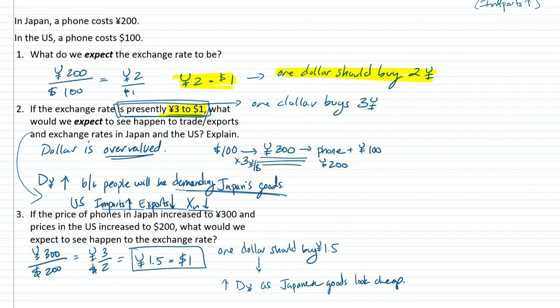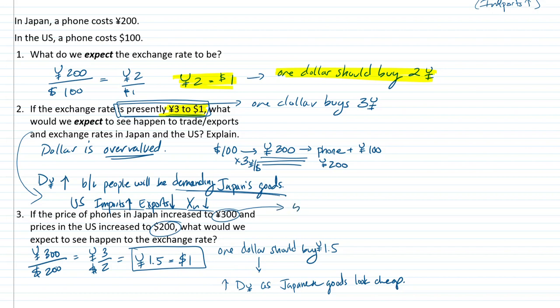And as those prices change, people respond to those price changes. 2 yen to $1 was a good exchange rate in the original market, but when prices change, people's behavior changes again. Prices doubled in the United States, but they only went up 50% in Japan.